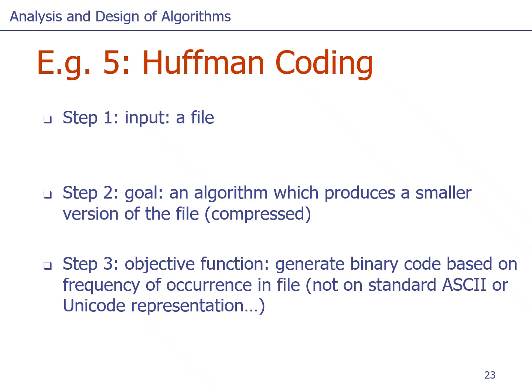So let's go through the greedy design process itself. What is input to you? We said that the first step you have to understand what is the input. The input here simply is a file. Your goal is to minimize the size of the file. Your objective function is you're going to generate a binary code based on the frequency of occurrence in the given file.